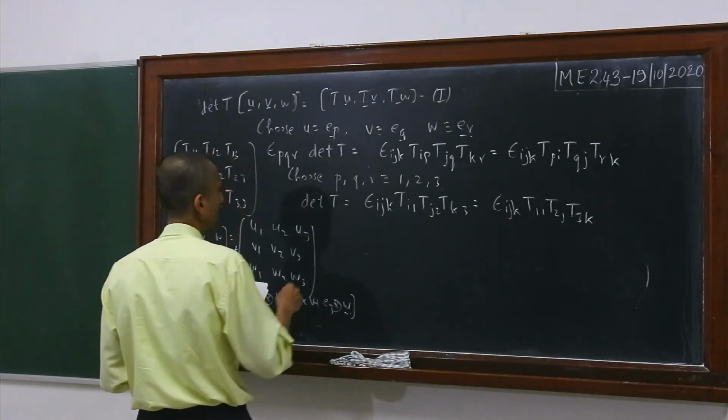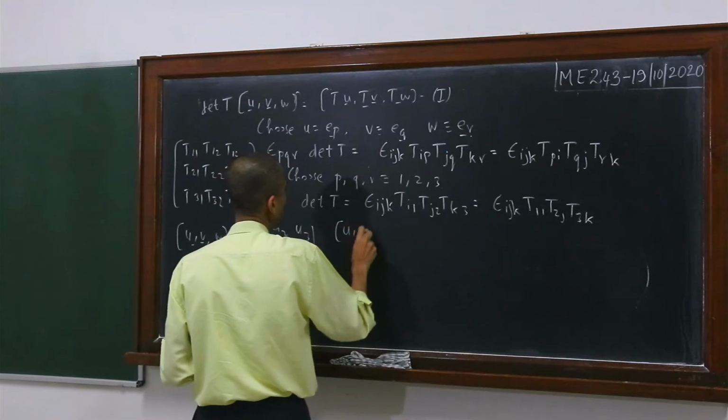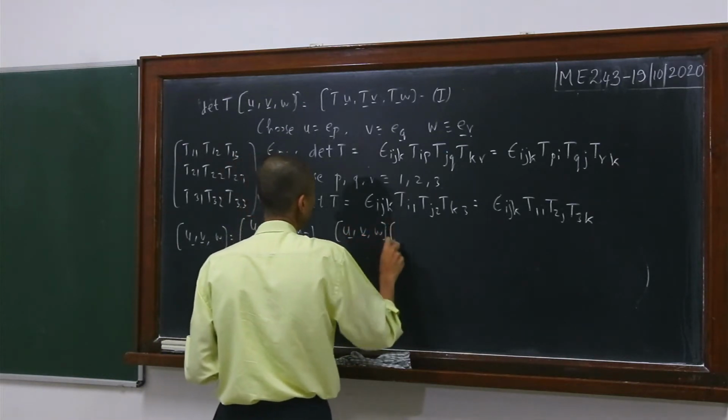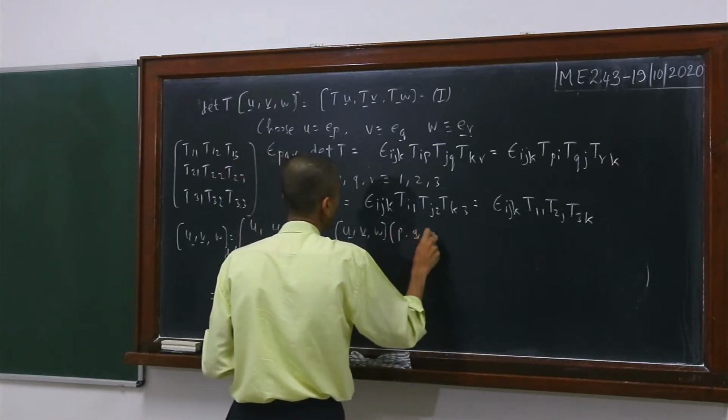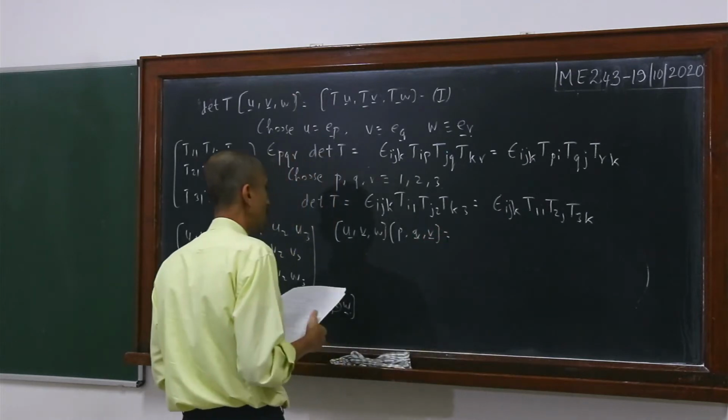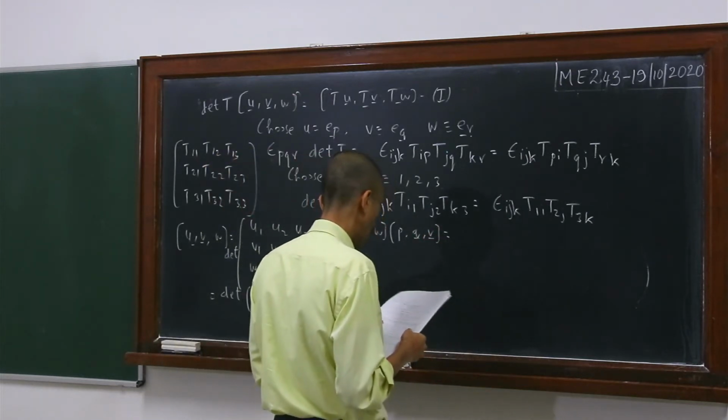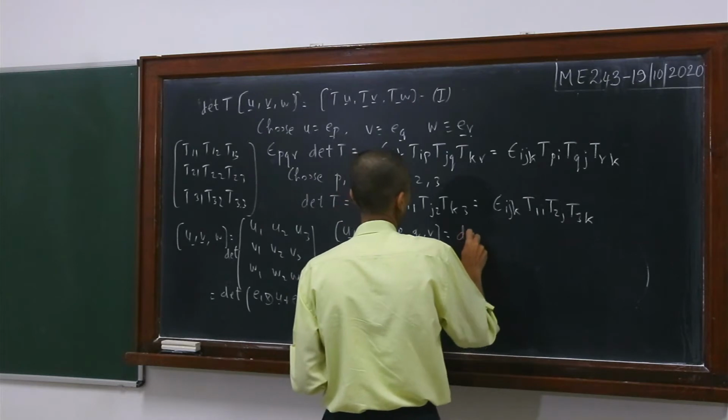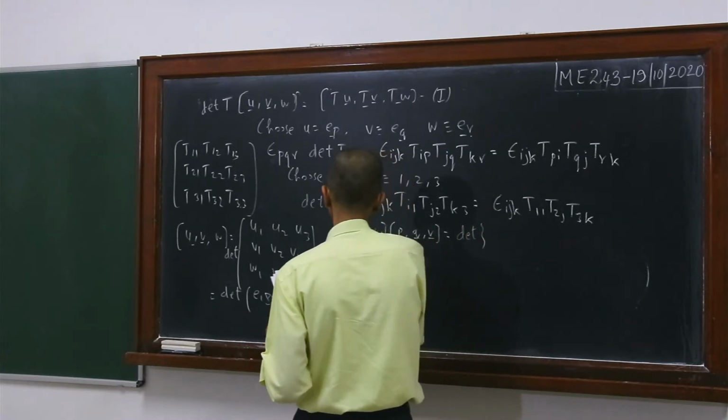So this we can write as [U V W] times [P Q R]. Suppose I want to find the product of two scalar triple products, so I can write it as a determinant, using this particular result here.